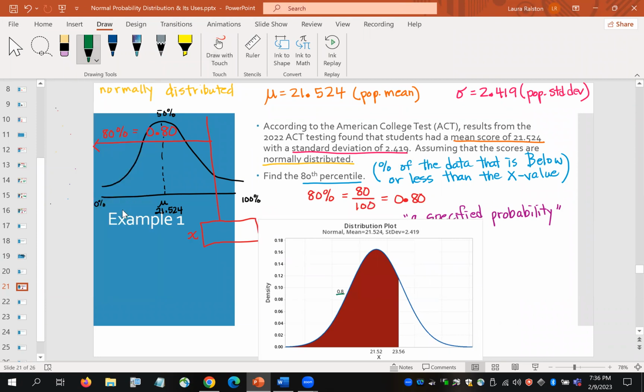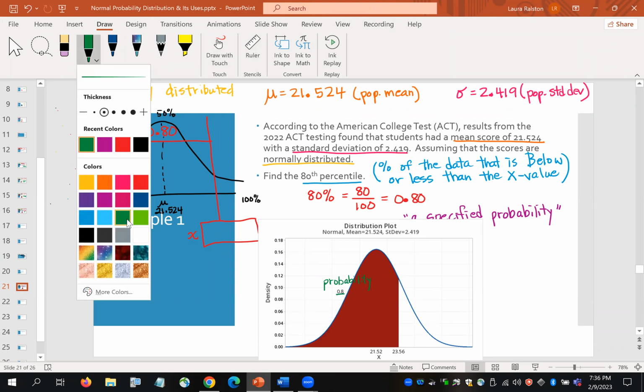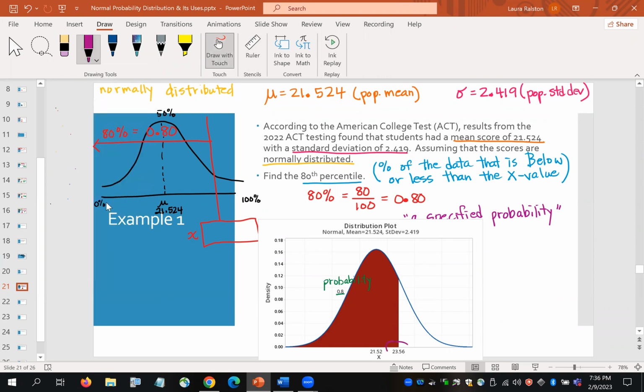That represents our probability. I actually told it that value. What you need is the value on the horizontal number line. You're looking for the X. My X is on the number line.